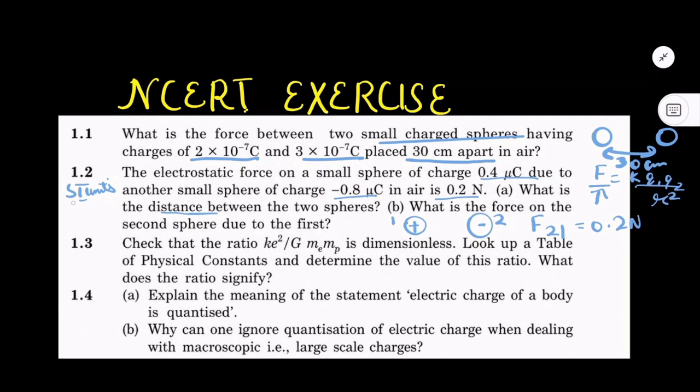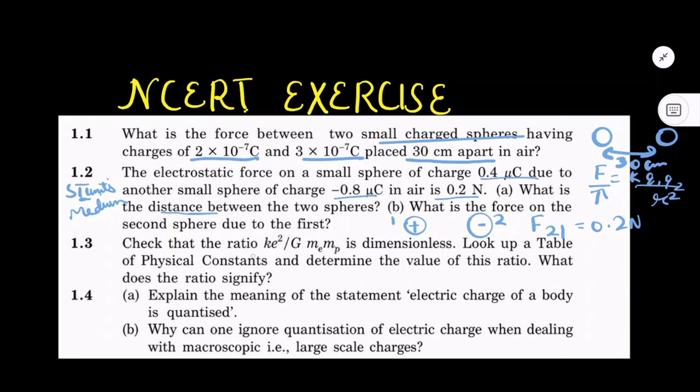And second thing you have to keep in mind is whether the medium is air or something else. For medium air you can keep it 1 by 4 pi epsilon naught, but if it is not air you have to change accordingly. Okay, let's read the third question now.